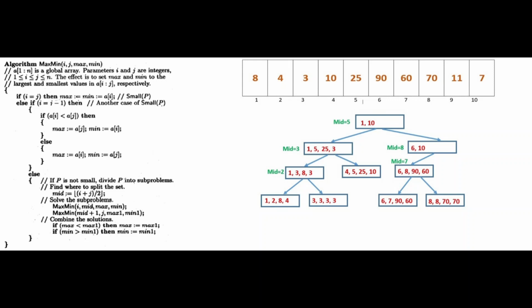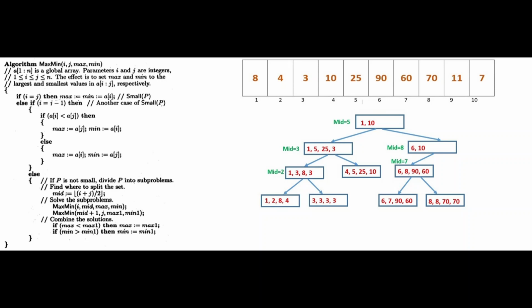Okay, here the values are I is equal to 6, j is equal to 10, and mid is equal to 8. Next, from that parent algorithm, or from that node, its first recursive call is completed. That is, the left subtree part is completed. Next we have to execute the right subtree.